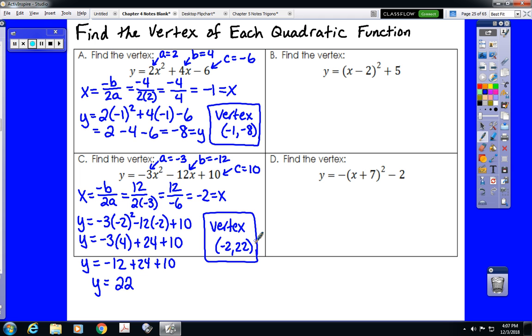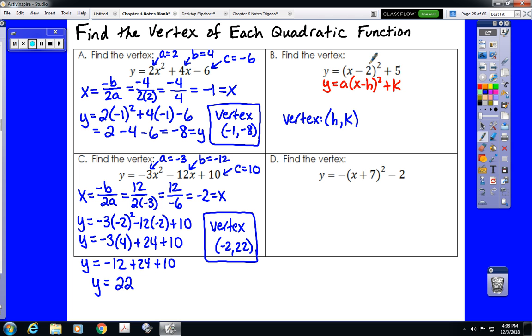Okay, that brings us to the other form, which is vertex form. Now, in my opinion, finding the vertex out of vertex form is easier, which is not shocking. There's a reason it's called vertex form. So all we have to do to find the vertex is located at the point h, k. And if we remember, this equation is in that form, a times x minus h squared plus k.